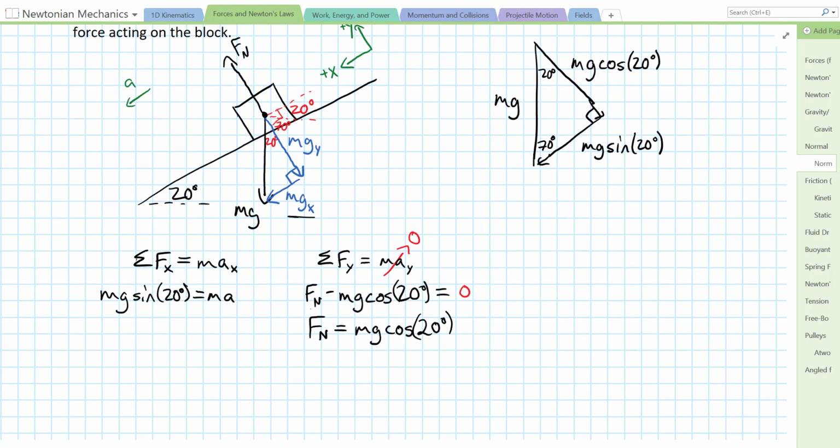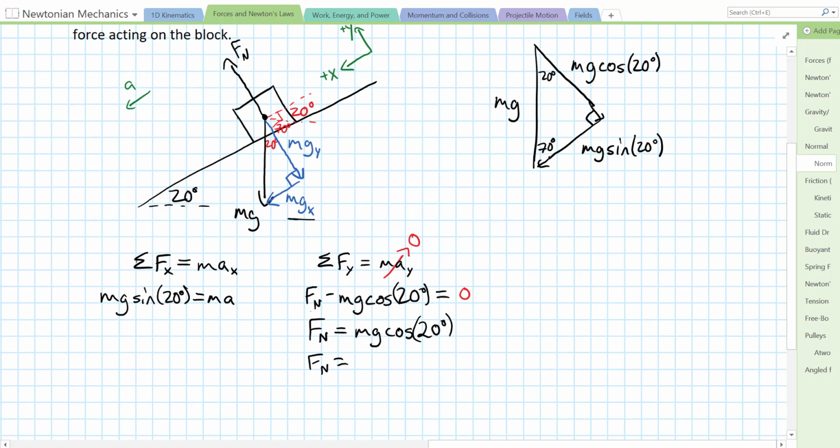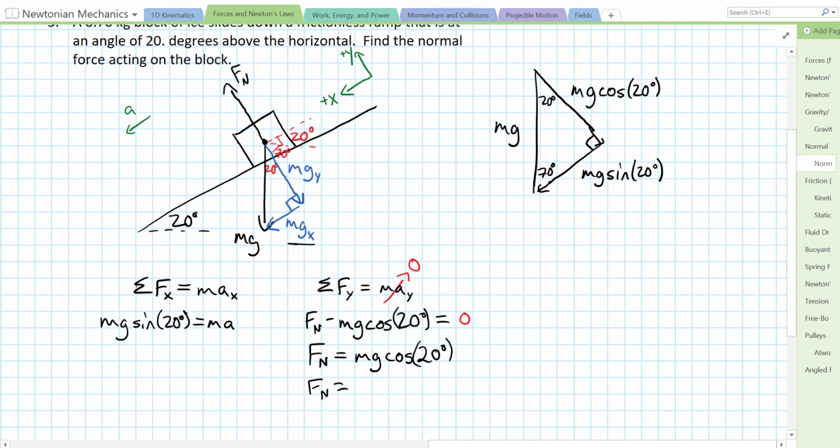We plug in our numbers. Normal force is equal to m. M is 0.70 kilograms. G is 9.81 meters per second squared times cos of 20 degrees.